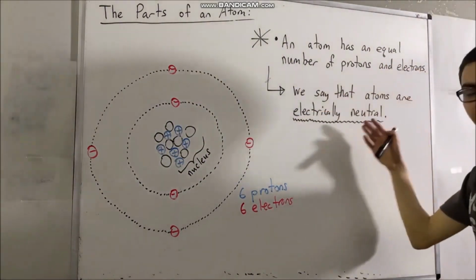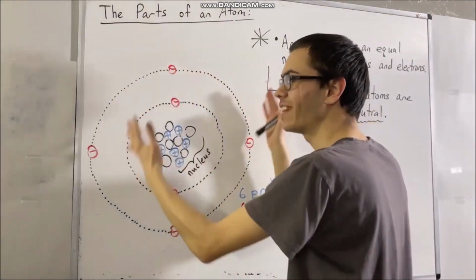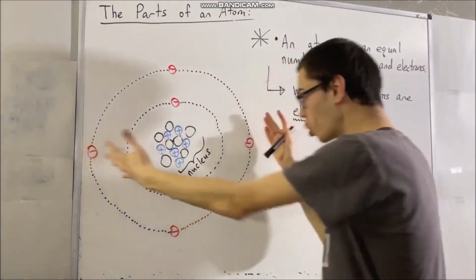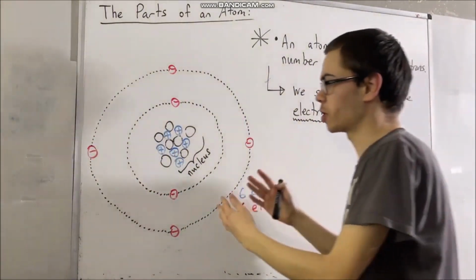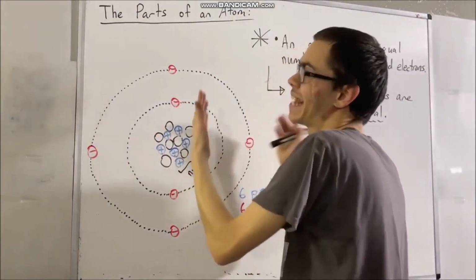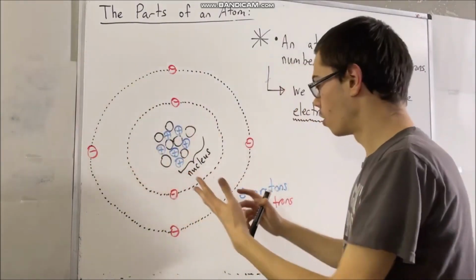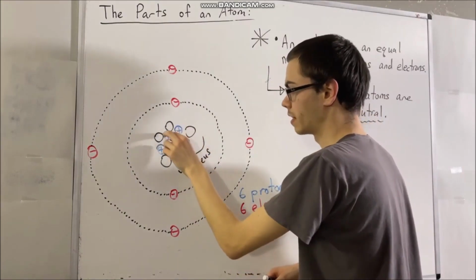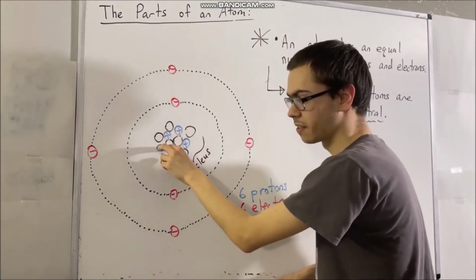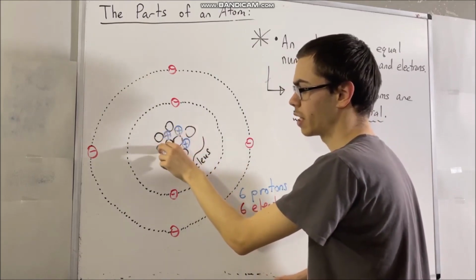Right, what this really means is if we add up the total amount of charge of everything in an atom, the total charge is 0. So if we add the total charges of all protons, neutrons, and electrons in an atom, we should get 0. Well, let's see. The total charges of all protons is +6 because we have a total of 6 protons, and each proton has a +1 charge.